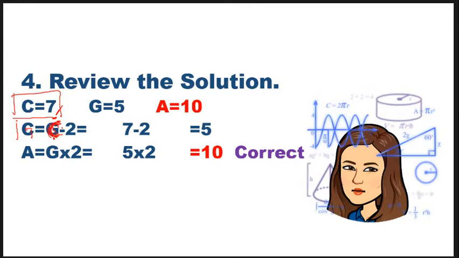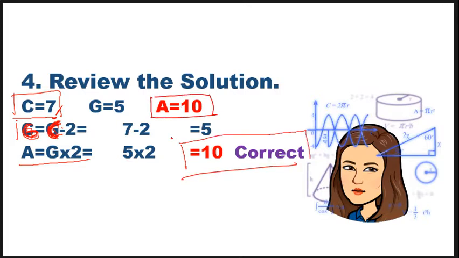So this is C minus 2, and this is G. G is equal to C minus 2, which is 7 minus 2, which is 5. And then for A, that is G times 2, which is 5 times 2, which is 10. So if you end up with the initial value that was given, then your answer is correct. Okay? So I hope I was able to make it clear.